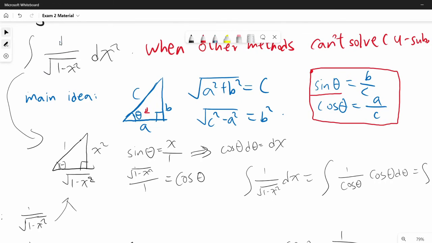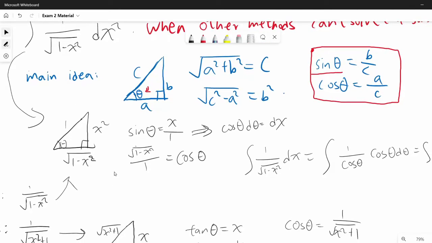And in this case, let's go into an example. So we have this integral of 1 over square root of 1 minus x squared. This cannot be u sub, because if you sub 1 over x squared, you need an x on top of the fraction. But you don't have that.